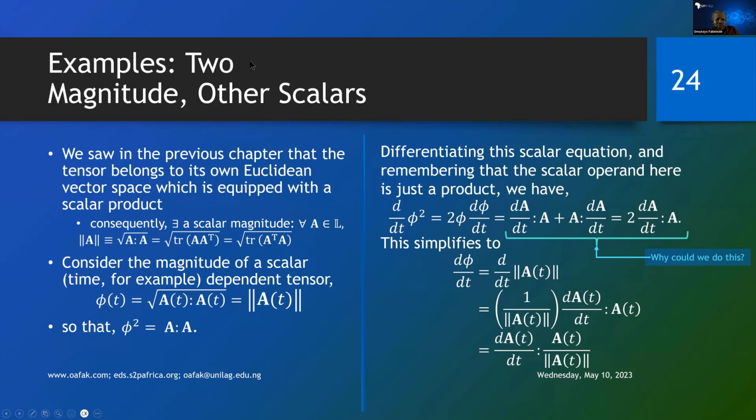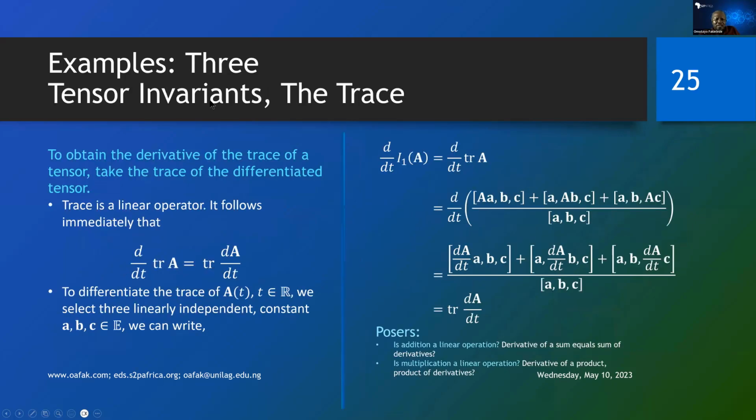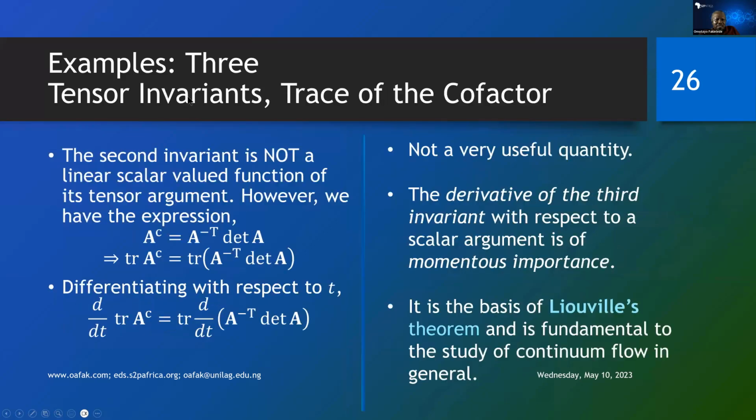So examples, the three tensor invariants. We have done the trace. Then we can look at the second invariant, the trace of the cofactor. The second invariant is not a linear valued function of the tensor argument.